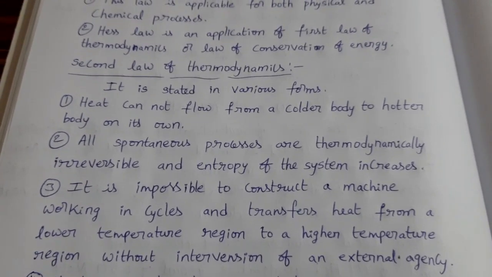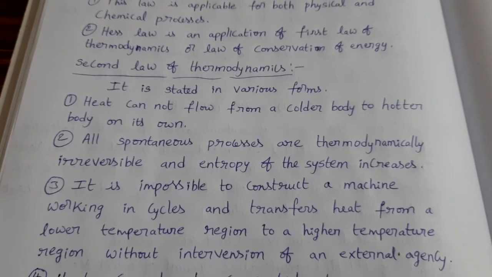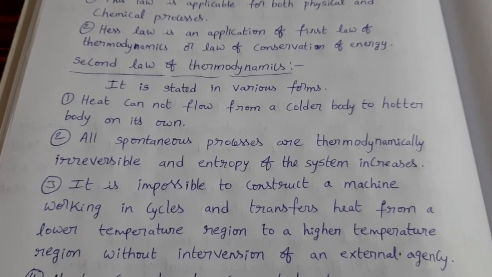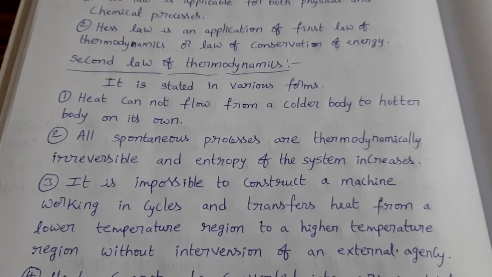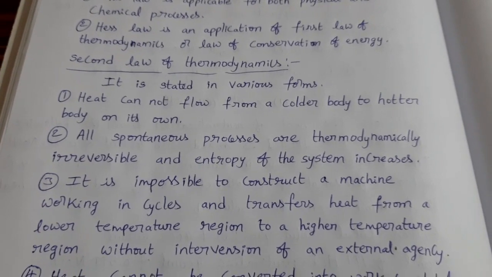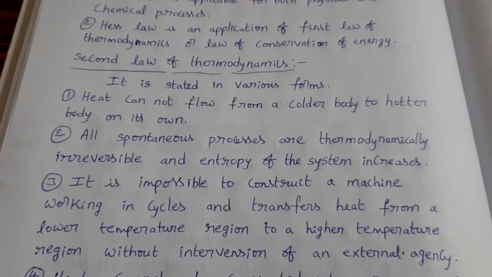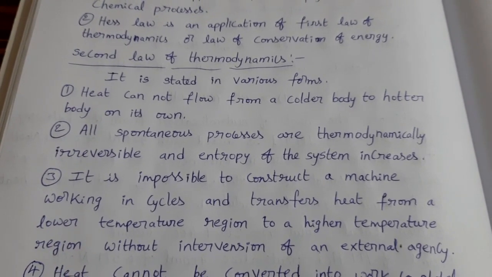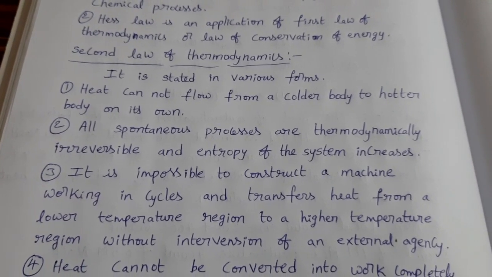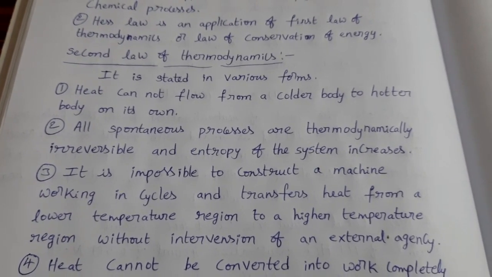Without the help of an external agency, we cannot transfer heat energy from a lower region to a higher region. That type of machine we cannot construct. With the help of an external agency only, we can transfer heat from a lower temperature region to a higher temperature region.